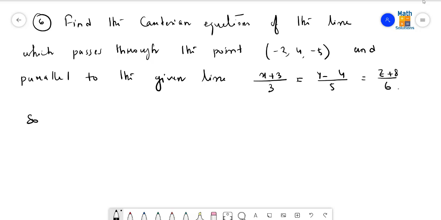Now this question is also similar to the previous one. Here the line to which the given line is parallel is given in Cartesian form.